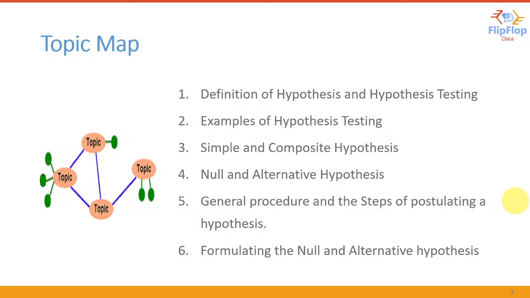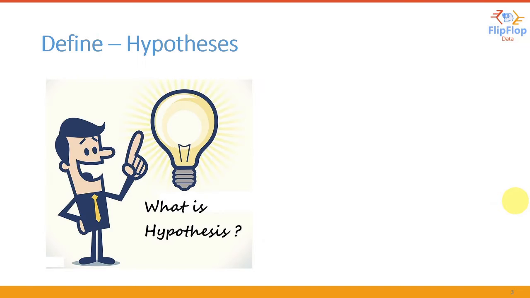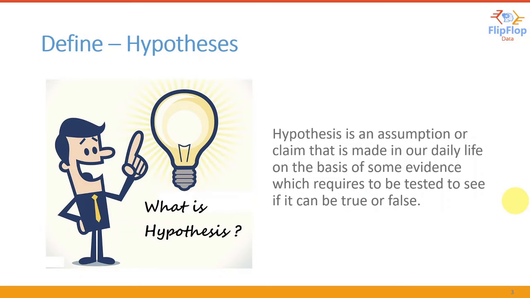So let's start with the definition of hypothesis. How do we define hypothesis? Hypothesis is an assumption or a claim or a statement that we encounter in our daily life on the basis of some evidence, which requires to be tested to see if it can be true or false.